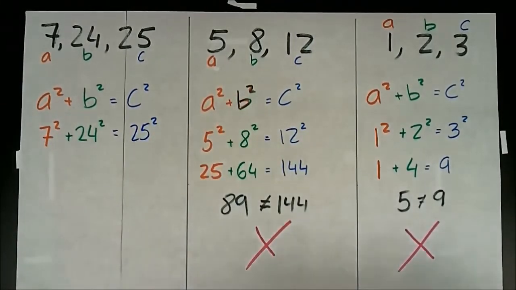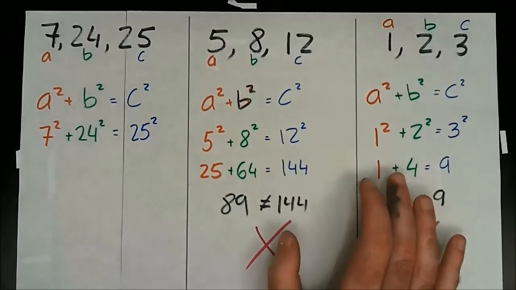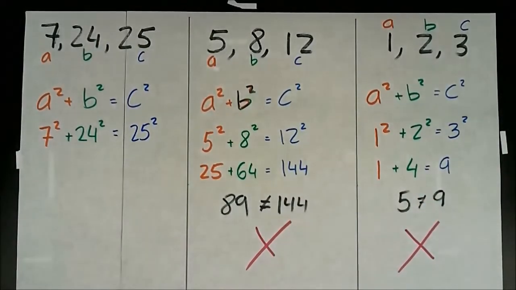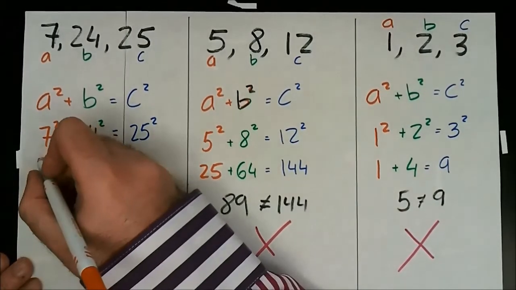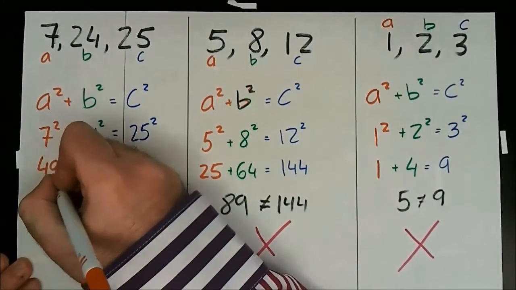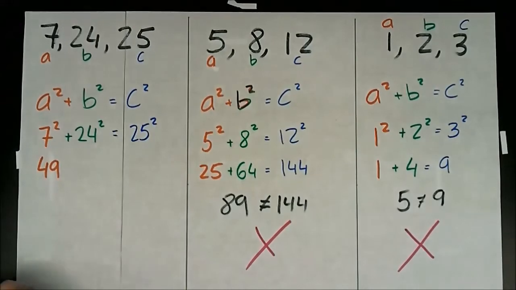Alright, so you should all know what 7 squared is. So can someone enlighten me? 49, of course. 7 times 7. 24 times 24, calculator time while you get the answer. 576.